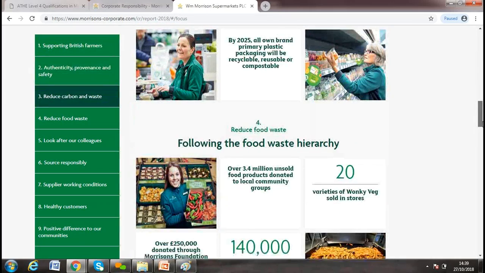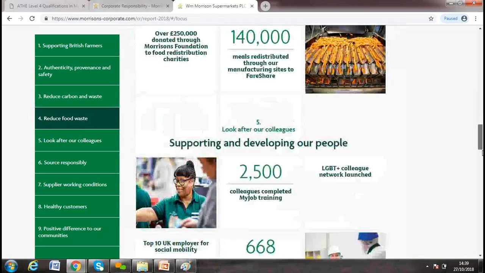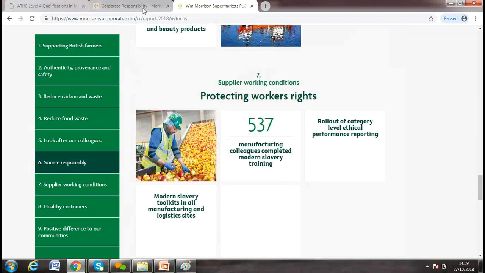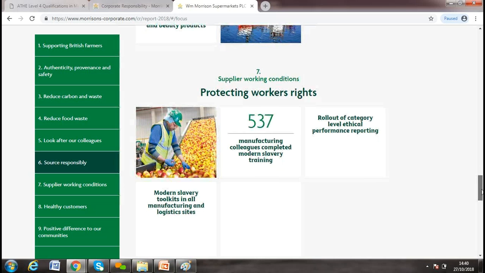Please add these sorts of examples in your assignment, which is quite good to embed. These are all what we learn under corporate social responsibility, under the category of ethical performance reporting. 537 manufacturing colleagues completed modern slavery training.